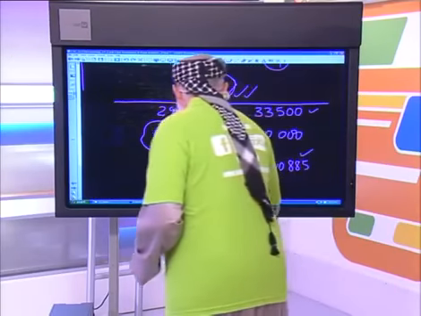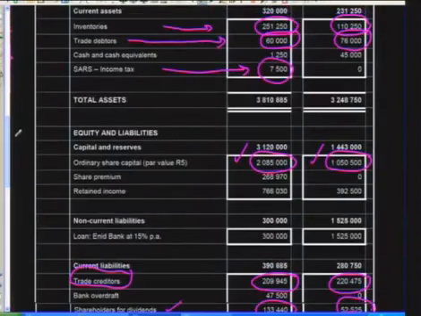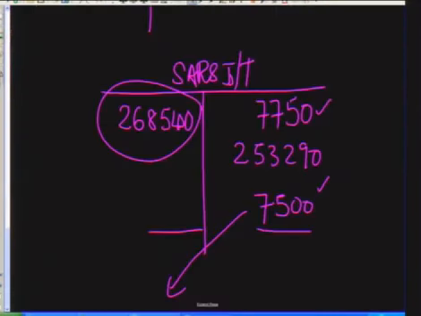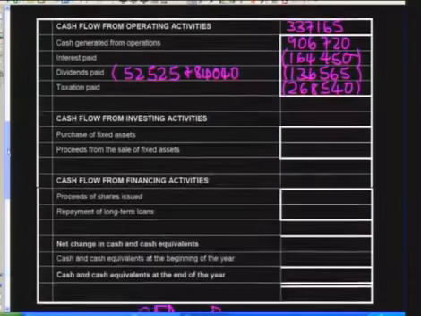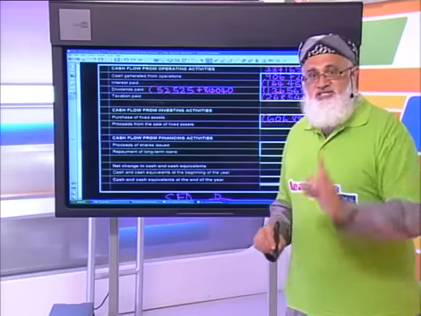Okay, so 606,885. Let us slot that figure in. What is that? That's the value of my tangible assets purchased.